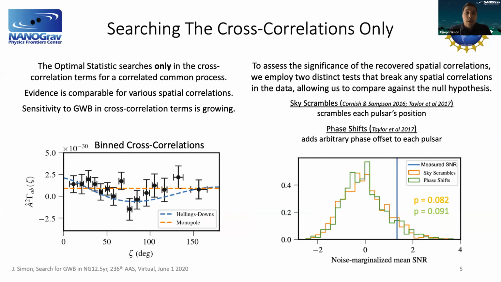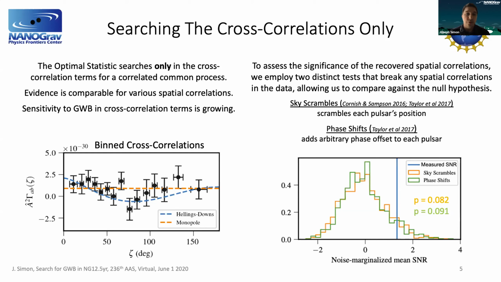One of the other things that we do is we have a statistic that just searches in the cross correlations. And so when we just do that, again, we find very marginal evidence for support of the Hellings and Downs quadrupolar term, and we can't quite distinguish that term from other spatially correlated processes.